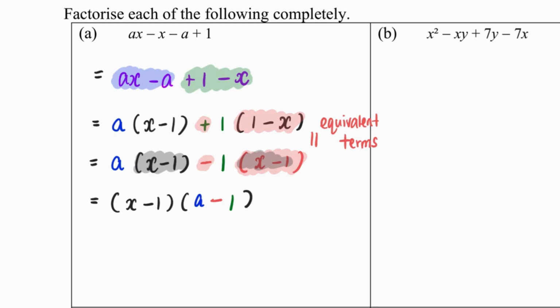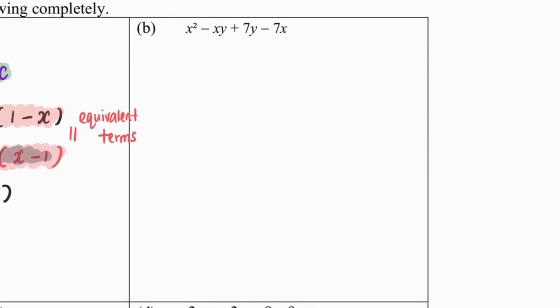Okay, so for part B, we could also do the same thing, and let's see what happens when we do that. In this case, I could rewrite it as x squared minus xy minus 7x plus 7y.